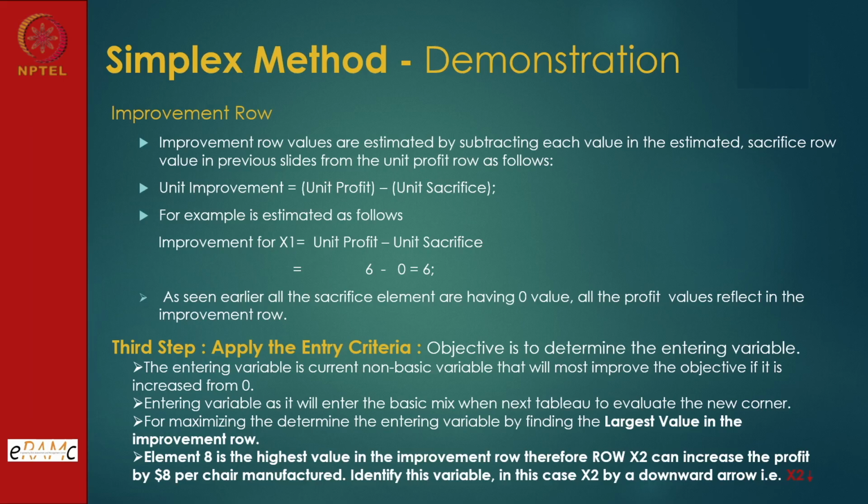Then the third step is to apply the entry criteria. Applying the entry criteria means we are identifying the variable in the top row or side row which will give us the entry and exit condition. The entering variable is the current non-basic variable that will most improve the objective if it is increased from 0.